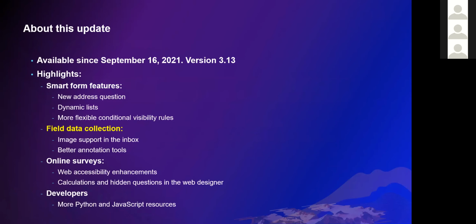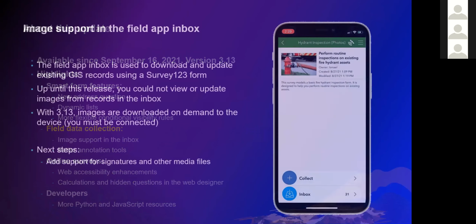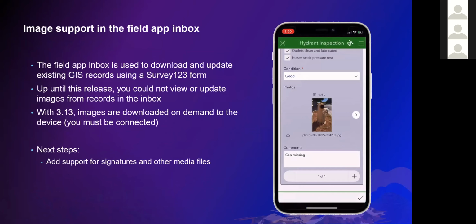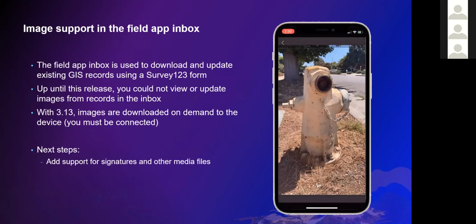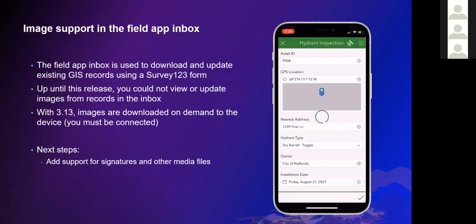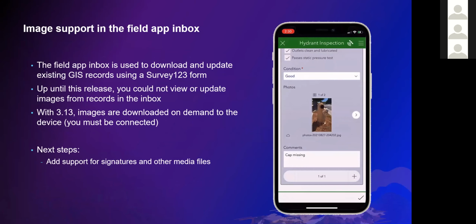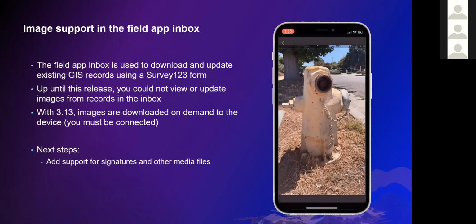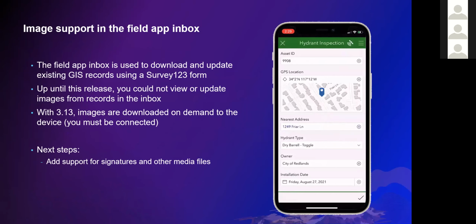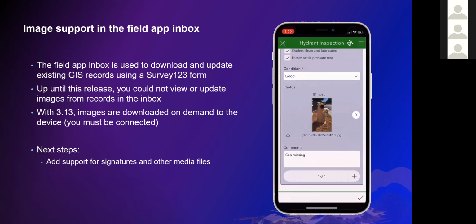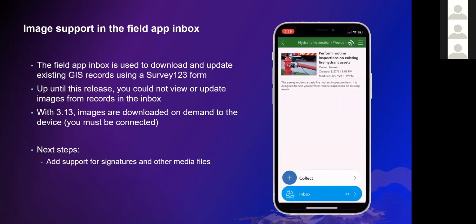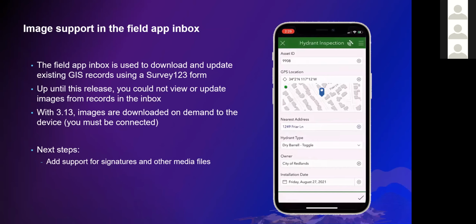Let's talk a little bit about field data collection. This is pretty amazing. In the field app inbox, one of the capabilities that many of us have been asking for is being able to get access to the attachments that we've sent. If you use the inbox, you know that you go and capture a feature and take some pictures. When you download it into the inbox later, the images did not come, so you couldn't update or view them in the inbox.